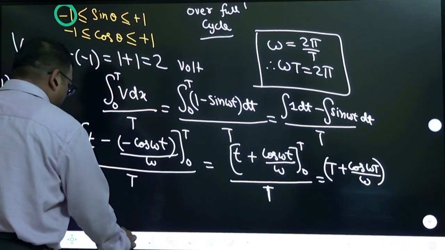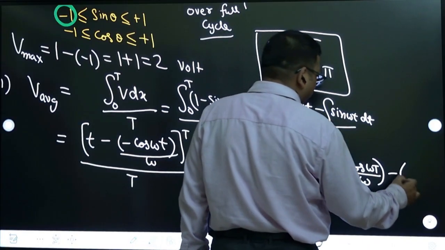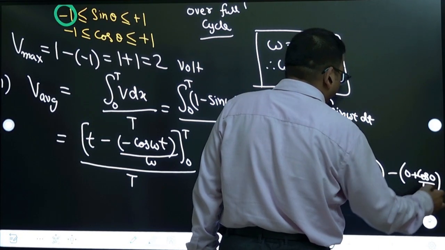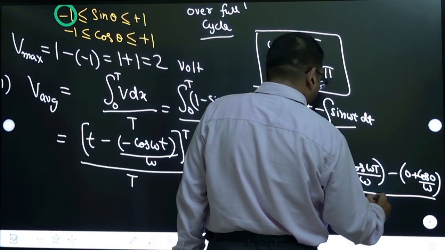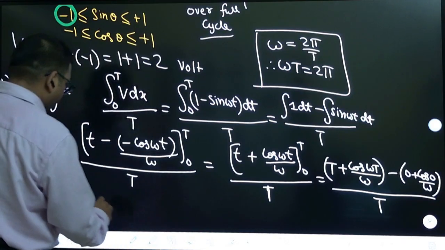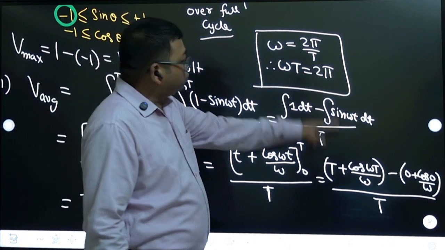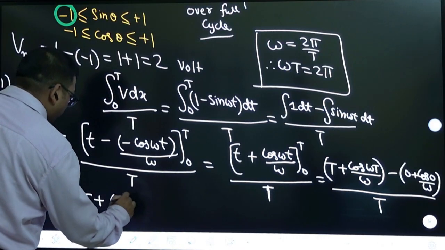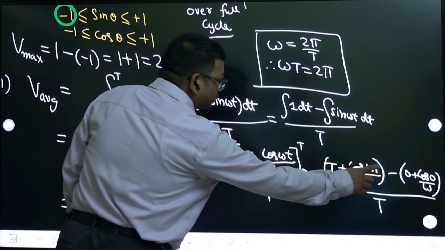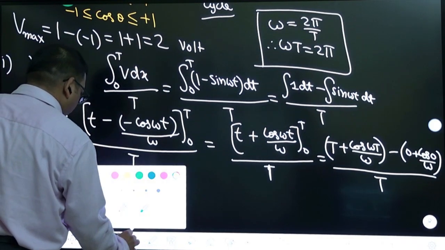Then after the upper limit, minus the lower limit: t value is 0, plus cos of 0 by omega. This is the lower limit, divided by T. So let us solve this. So T plus cos, omega T is 2 pi, so we substitute 2 pi: cos 2 pi divided by omega, minus 0 is 0, cos 0 is 1, so 1 by omega, divided by T.